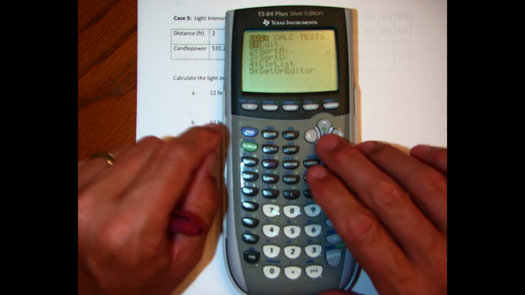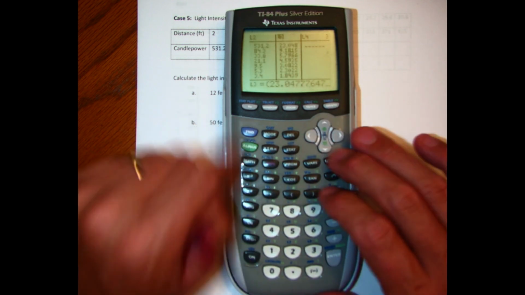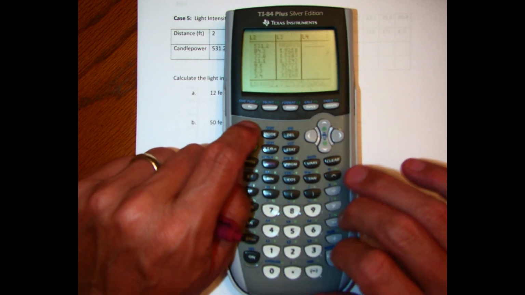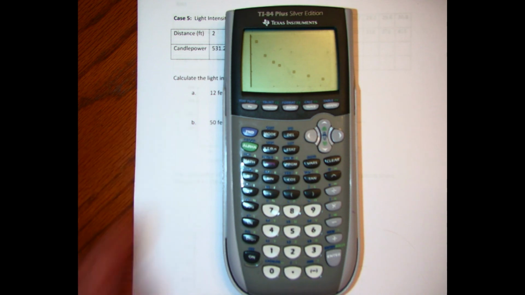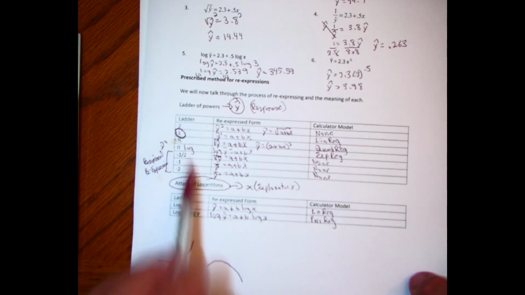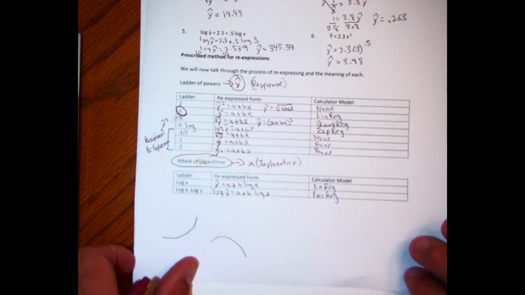So let's go down to the next thing on the ladder of powers, which would be log of L2. Close, but not quite there. Now the next thing we got to do is 1 over the square root. Okay, so let's see what that does.